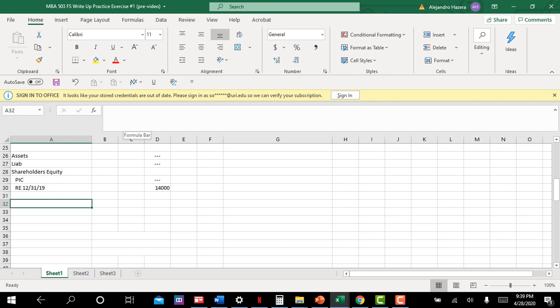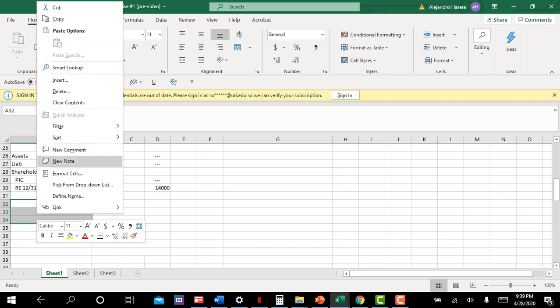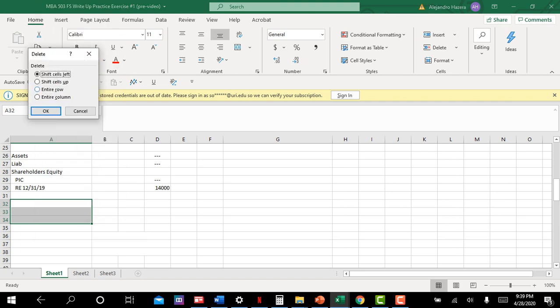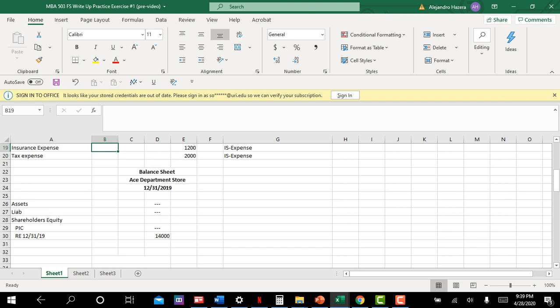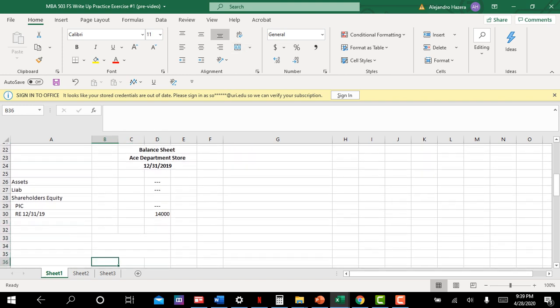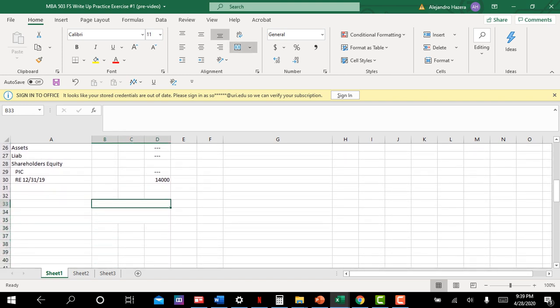Okay, the next part of this, I'll just delete those rows, and we'll say that this here is going to be the income statement.